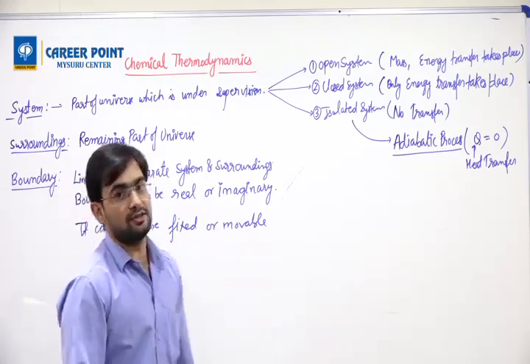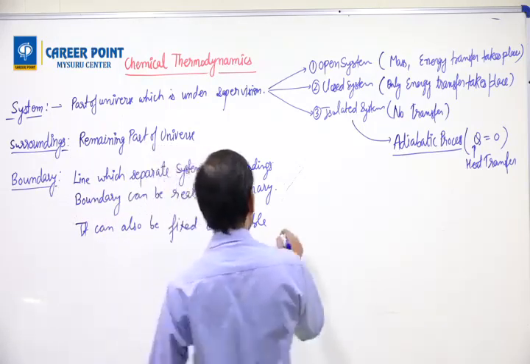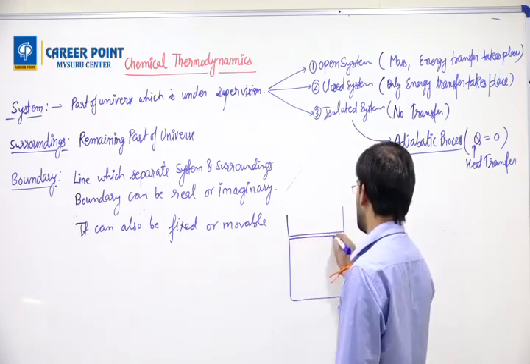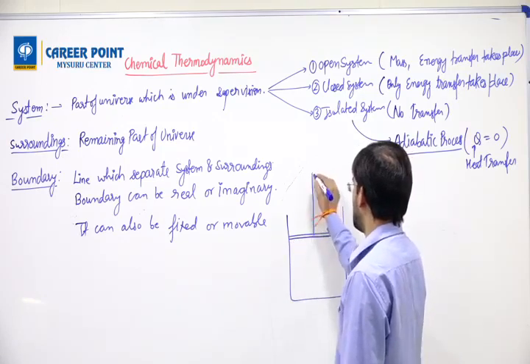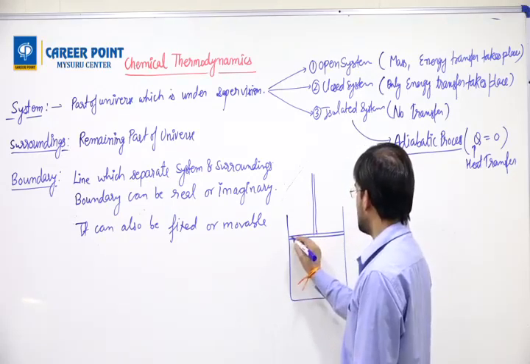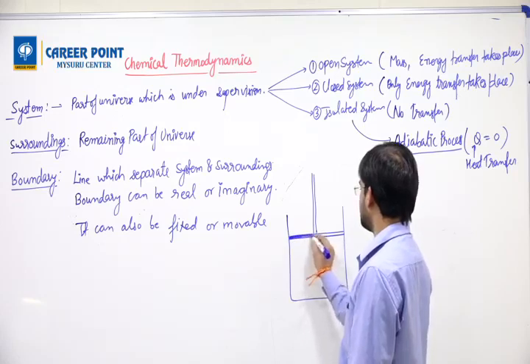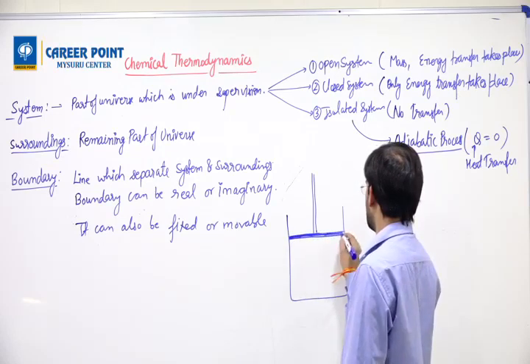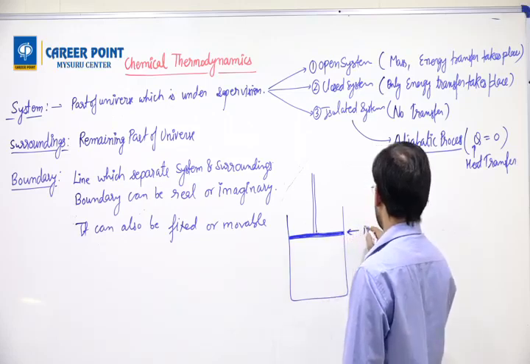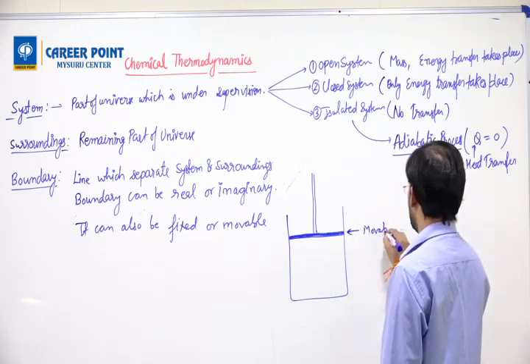Movable boundary happens in a piston assembly system. A piston assembly system looks like this. This is an important system which you will mostly encounter in the chemistry and physics thermodynamics chapters. This wall, which I am darkening with the blue color, is movable.